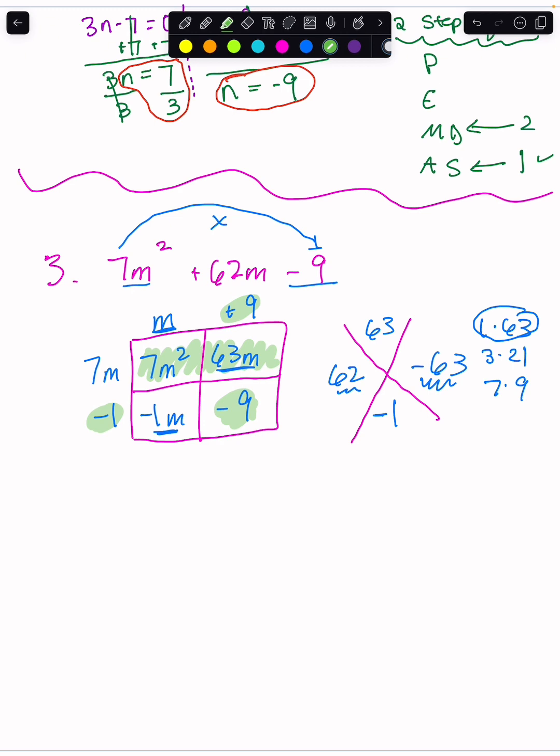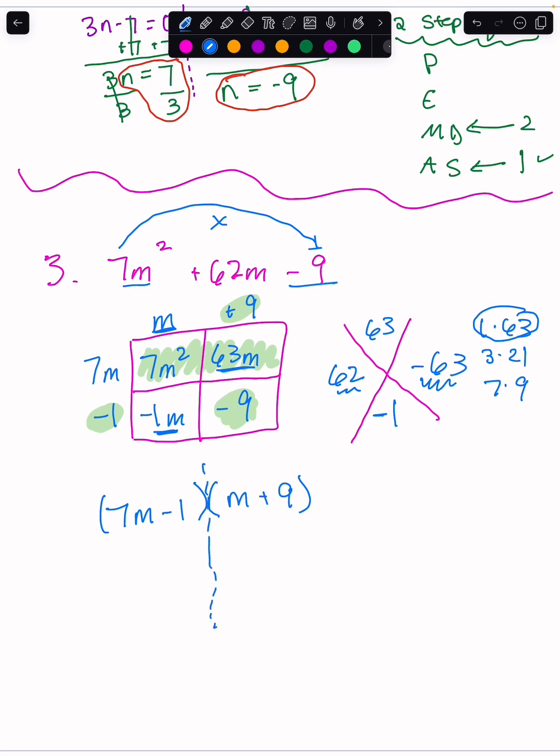So now that I have my numbers, I can go ahead and write my parentheses. Oops, not that, the highlighter. 7m minus 1, m plus 9. But I want you to find your zeros.